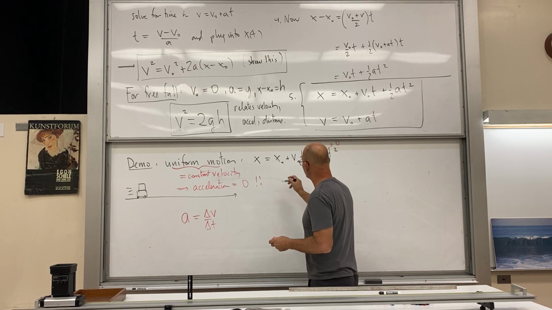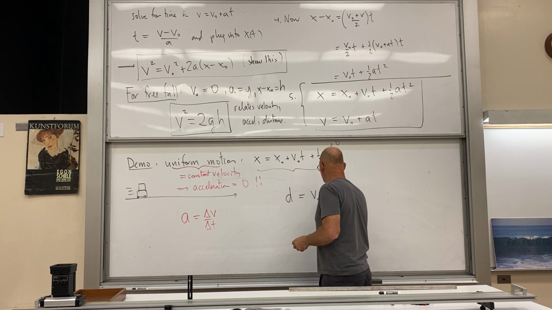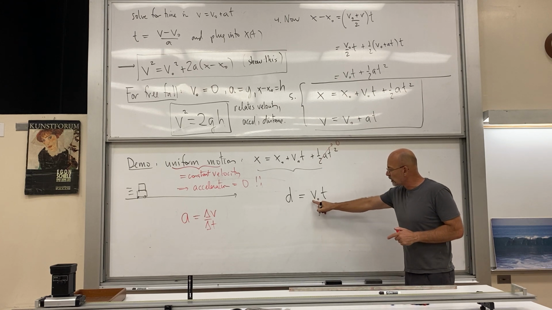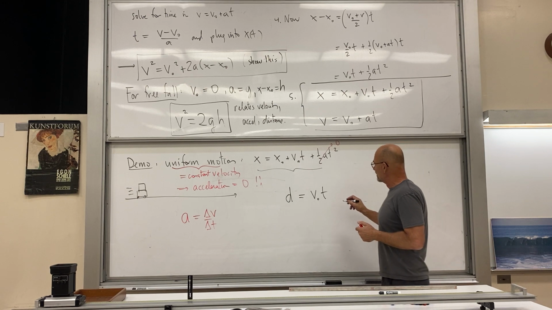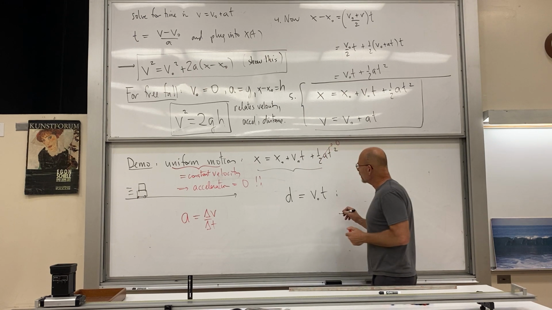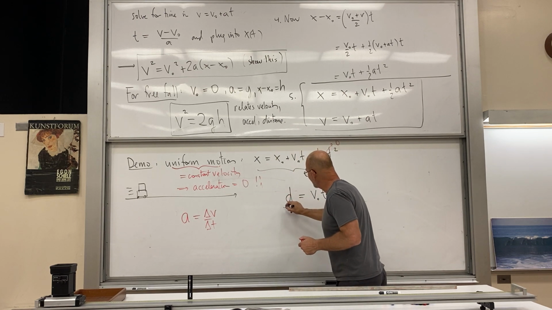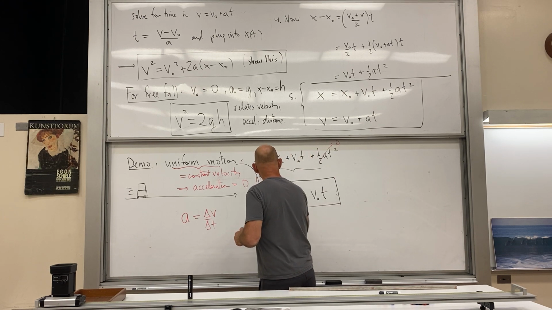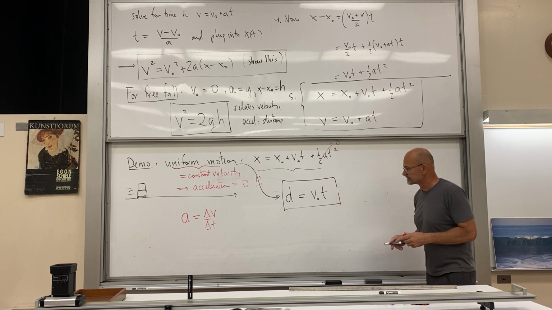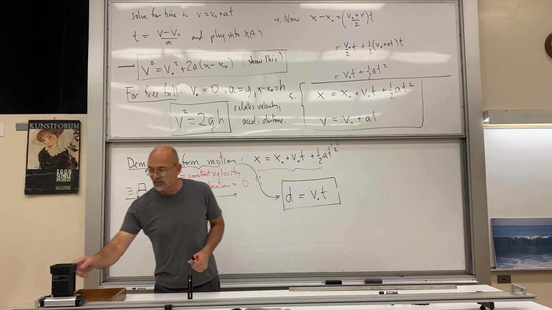And then we can translate this equation into distance equals v0t. So the distance just grows uniformly with time. So this is uniform motion. This is the formula for uniform motion, meaning just constant velocity.